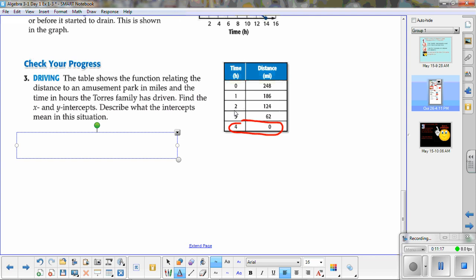So the x-intercept in this situation is 4. Basically, what that means is it takes 4 hours to get to the amusement park.